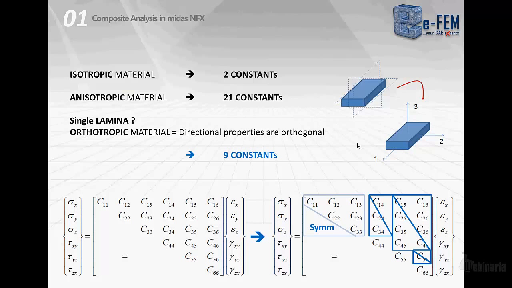So we just need 9 constants. This number comes out from the fact that also the compliance matrix is symmetrical, so we need only these 3 by 3, 9 constants of the compliance matrix. So we need these 9 constants to build up the compliance matrix that correlates the stress field to the strain field.